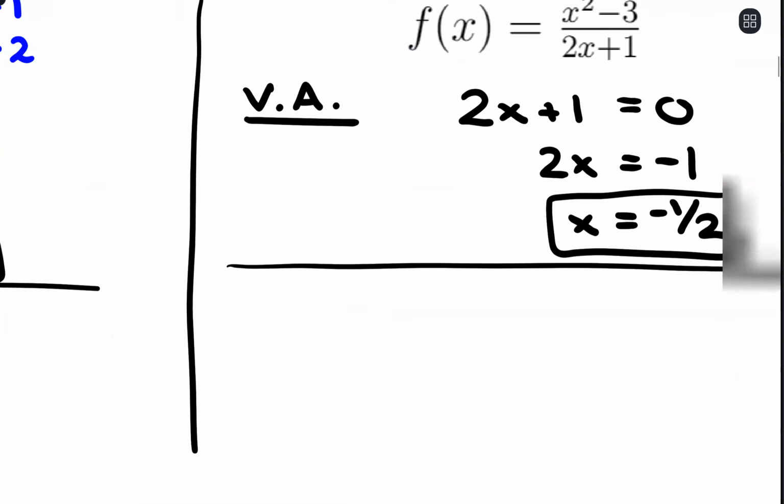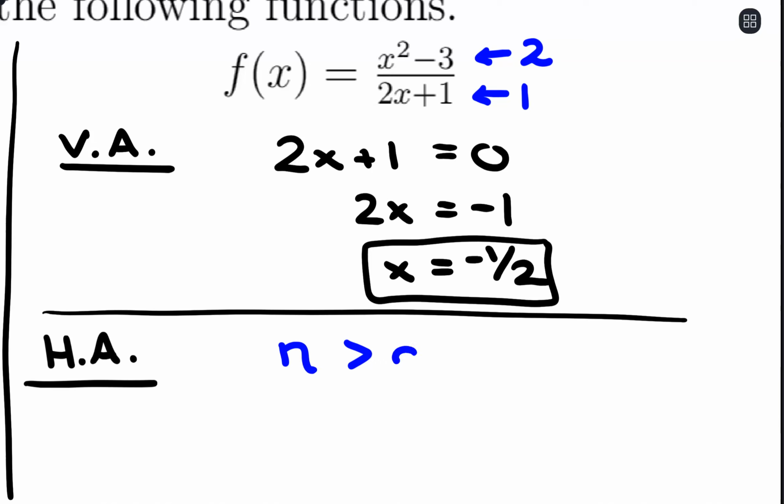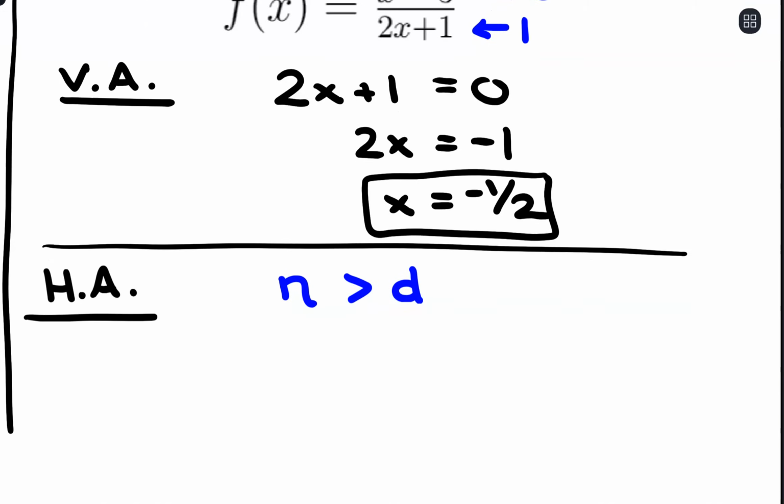And then our last one: we have x squared minus 3 in the numerator, so that's a degree of 2 from that x squared. 2x plus 1 in the denominator is a degree of 1. So the degree in the numerator is larger than the degree in the denominator, and that means we have no horizontal asymptote.